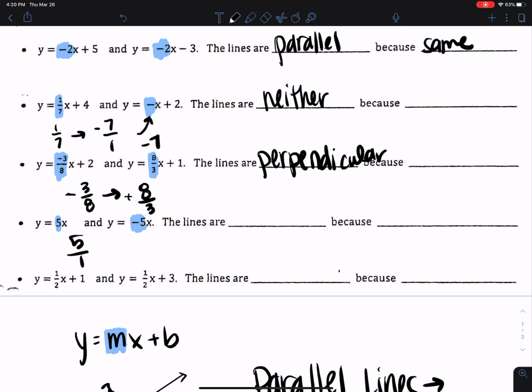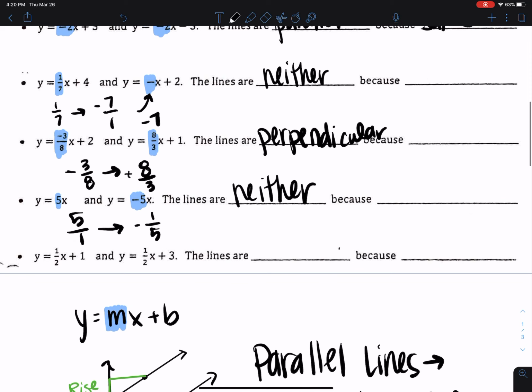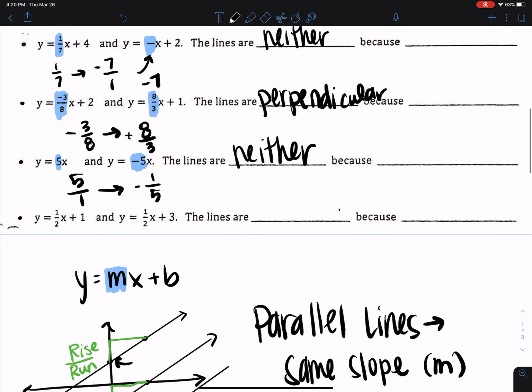Remember we could write 5 as 5 over 1. We'd have to flip the fraction and then make it negative, and those are not the same. So this would be neither, because they're not equal and they're not negative reciprocals. And then the last one, we have 1/2 and 1/2. These are parallel because the slopes are the same.